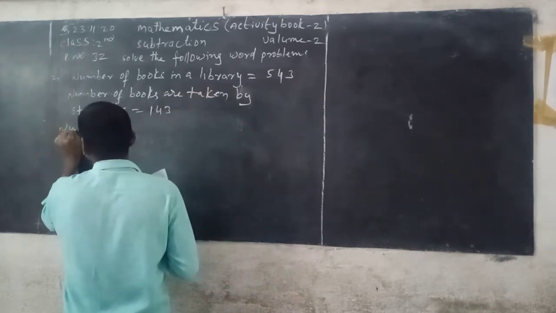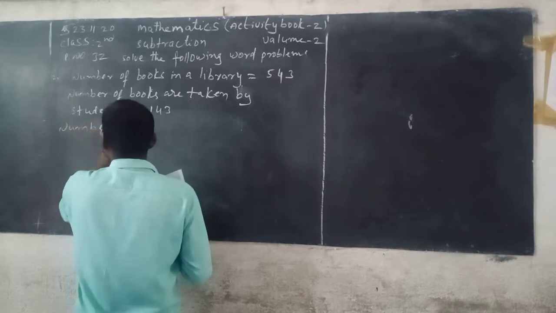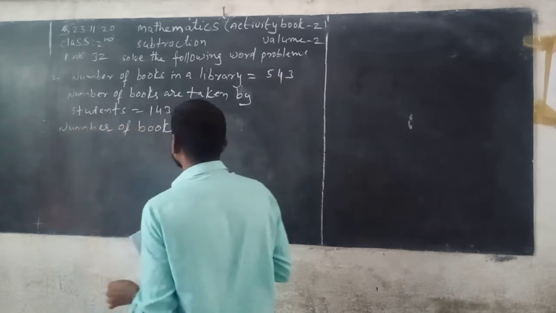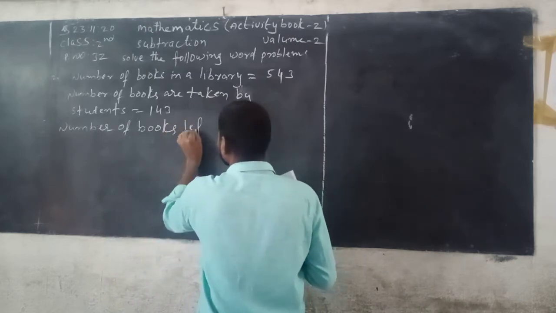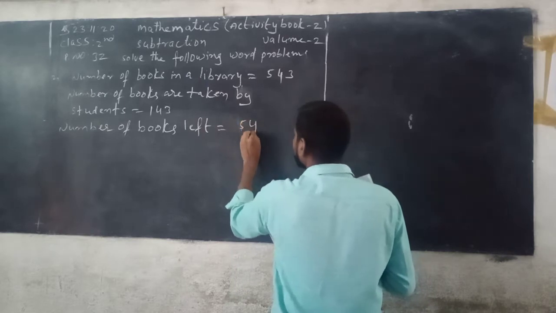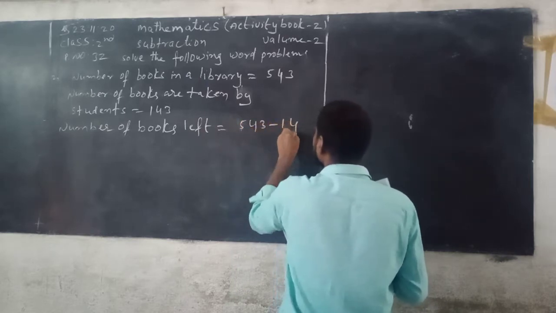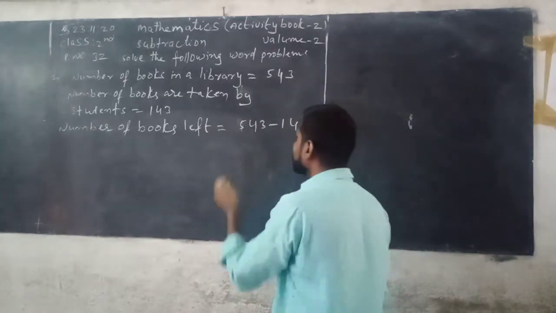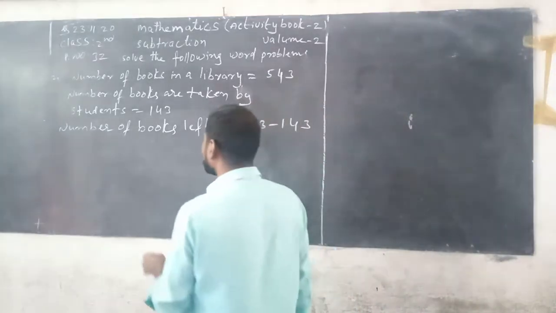Look at the blackboard. Number of books left, that is equals to 543 minus 143. So you can write the given numbers in column wise according to their places.